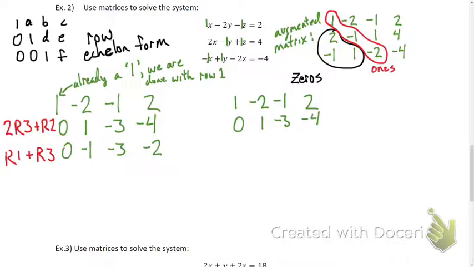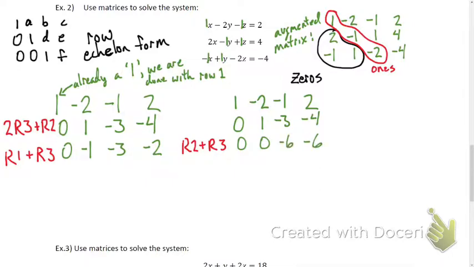Let me write that. We want to add row 2 and row 3. And we get 0, negative 6, and negative 6.